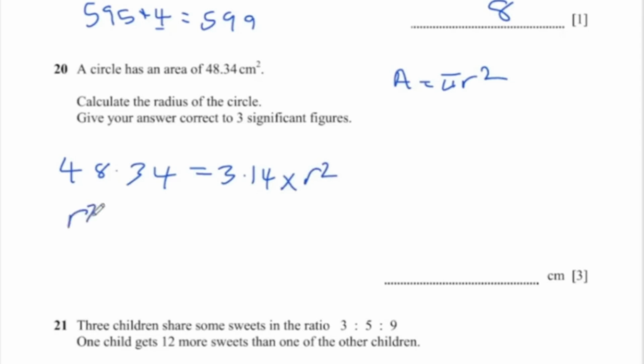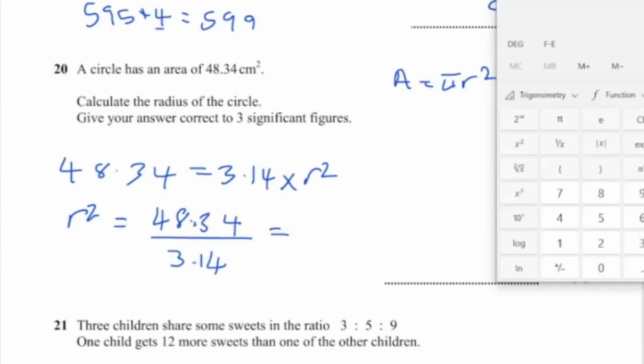So basically, r squared is equal to 48.34 divided by 3.14. So let's see what we get here. We're getting 15.39. So r squared there is 15.39 to 2 dp.